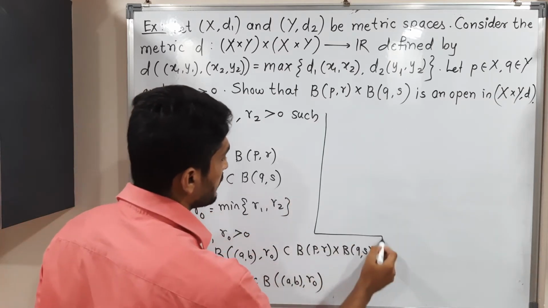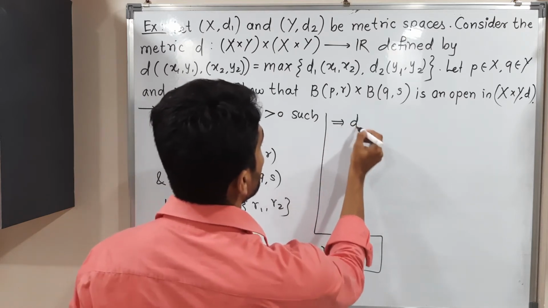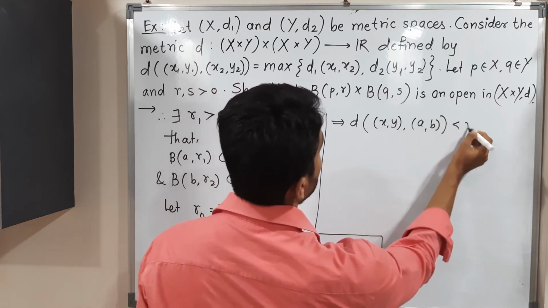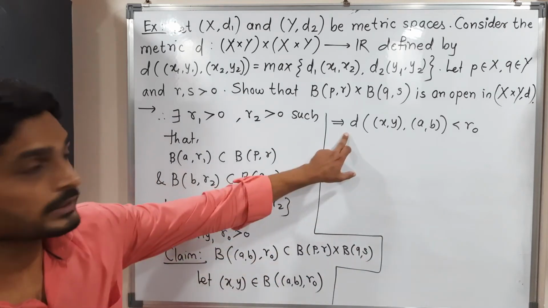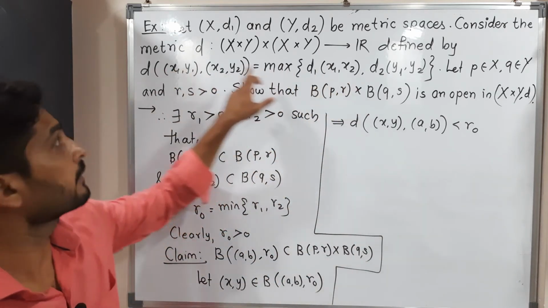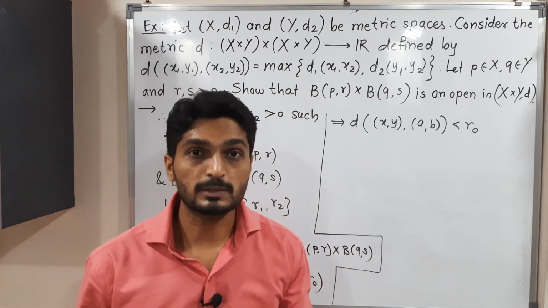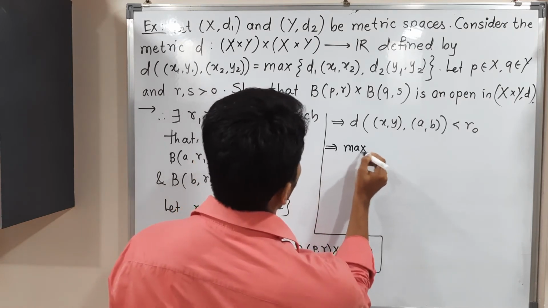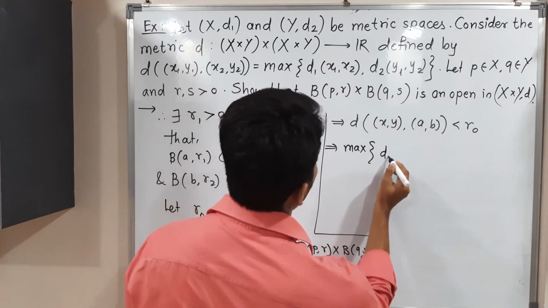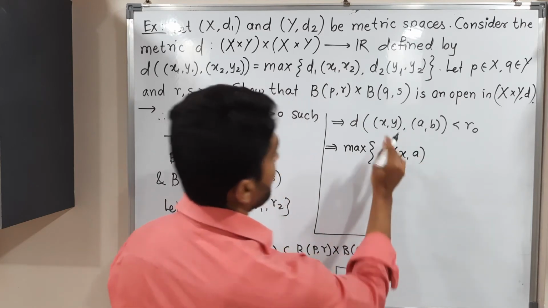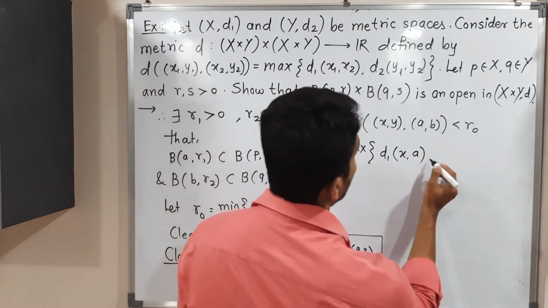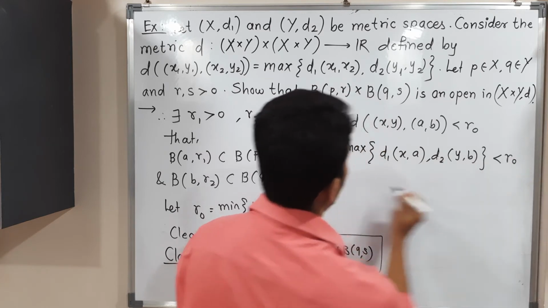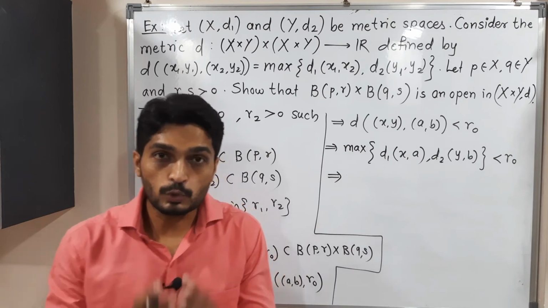So the distance of (x, y) from (a, b) is less than R0. The definition of D is the metric defined on the product space X cross Y, so the maximum of D1(x, a) and D2(y, b) is less than R0.